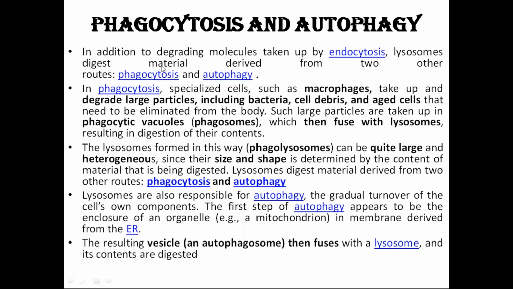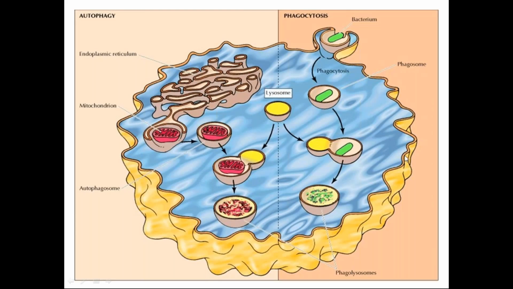Understood, everyone? I was telling you about phagocytosis and autophagy. Whatever I was telling you till now is written all here. Okay, we have discussed this. And one more thing you should remember: what is an autophagosome? Sometimes this term is asked.